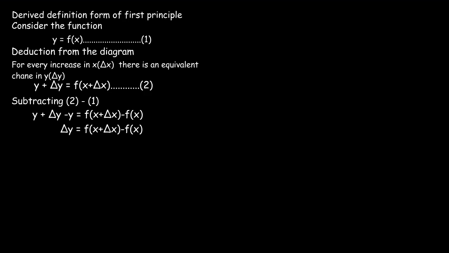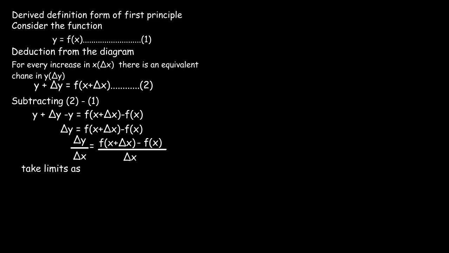Remember, we are trying to find delta y over delta s. So dividing through by delta s, our equation becomes delta y divided by delta s will be equal to f of s plus delta s minus f of s divided by delta s.